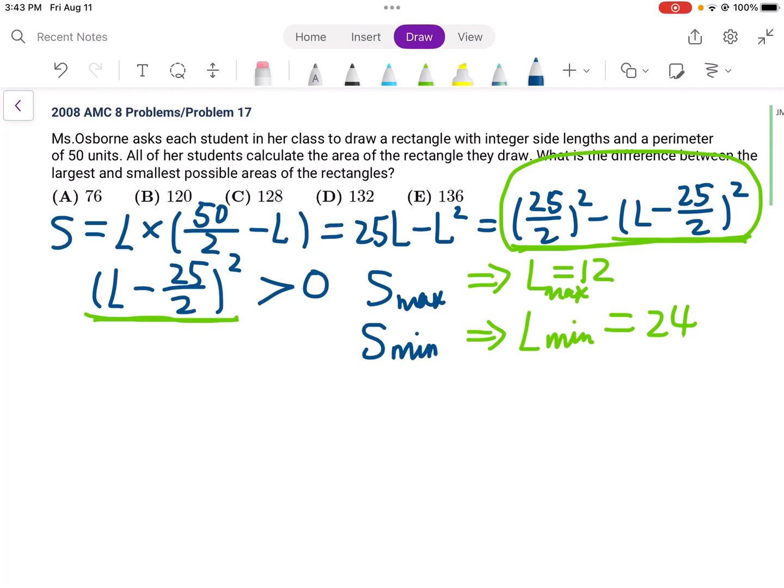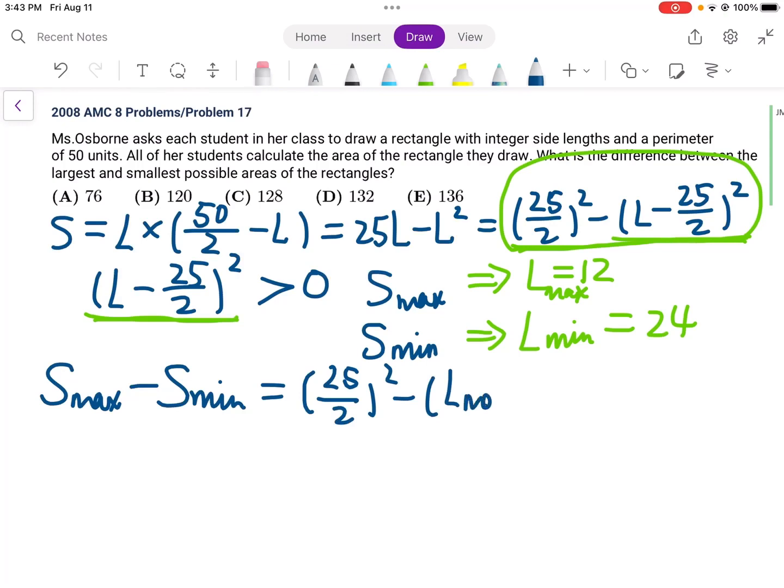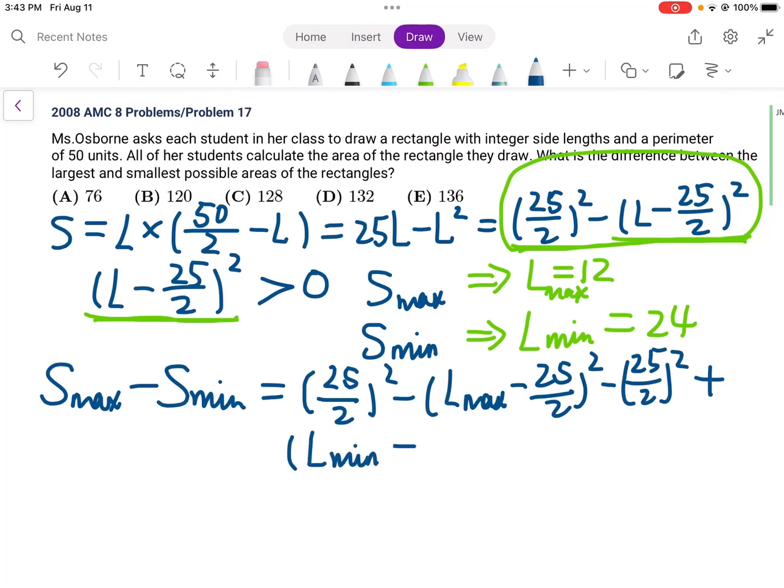We can get when the area is max, subtract when the area is minimum, we get (25 over 2) squared, subtract (L max, subtract 25 over 2) squared, subtract (25 over 2) squared, plus (L min, subtract 25 over 2) squared.